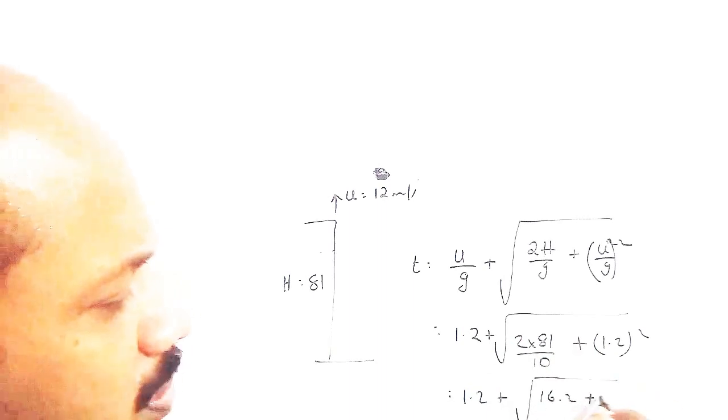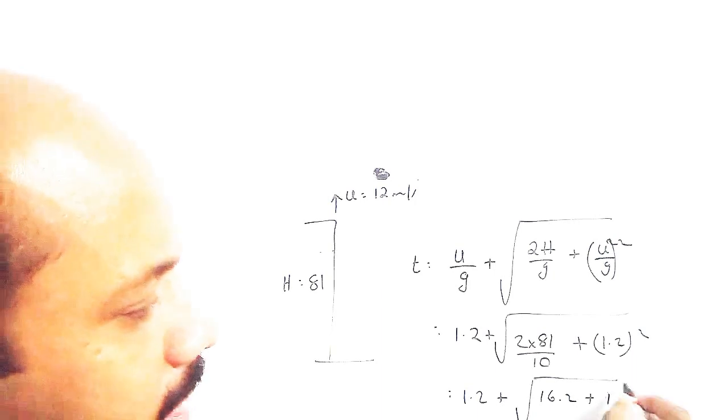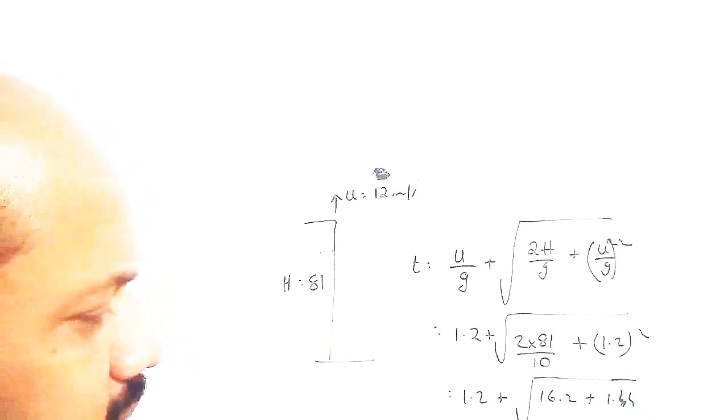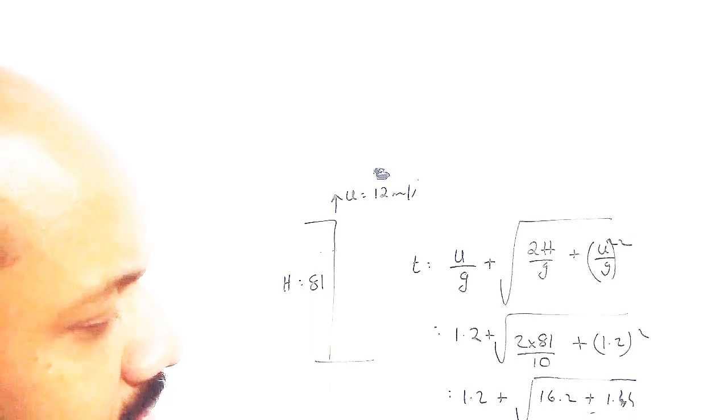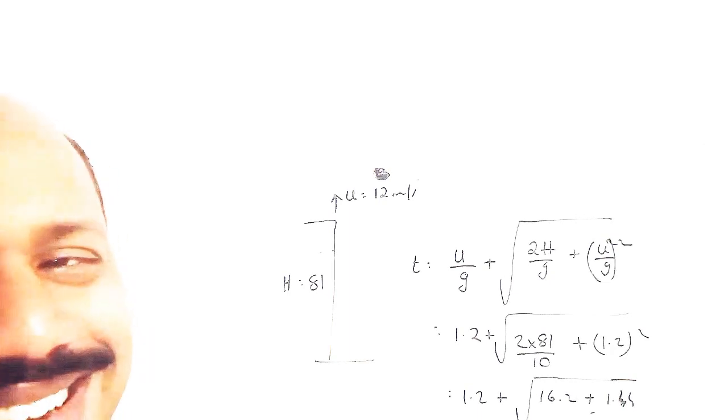2 into 8.1 is 16.2, plus 1.2 square, which is 1.44. That is almost equal to 1.2 plus 16.2, that is 17.6 something. That is almost equal to root 17.6. How much will that be?